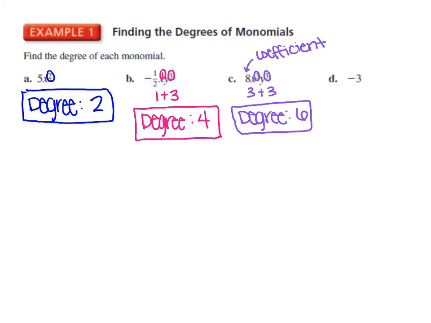And letter D doesn't have a variable at all. I could say that's like having x to the 0 power, so my exponent is actually 0. So this has a degree of 0. See if you could try a few problems with monomials on your own.